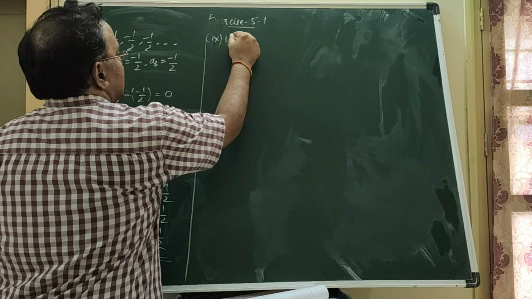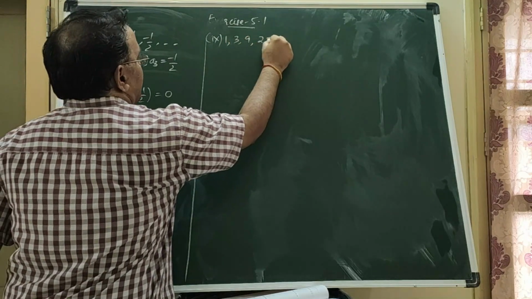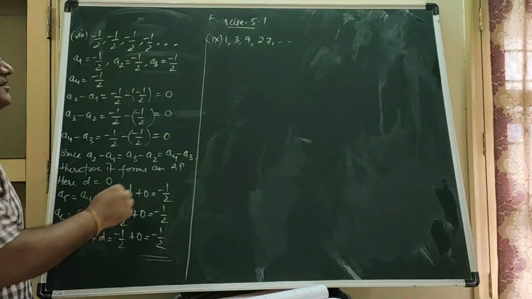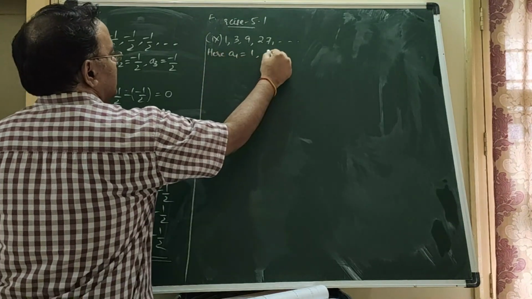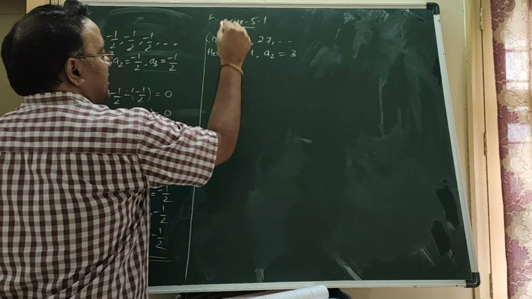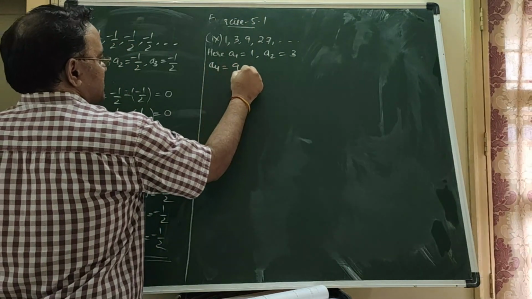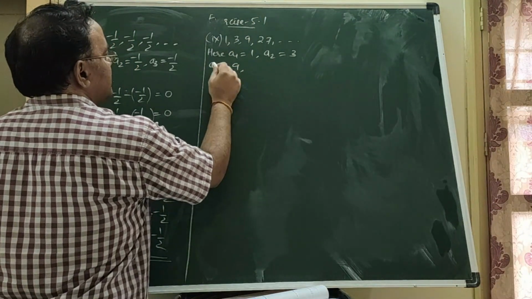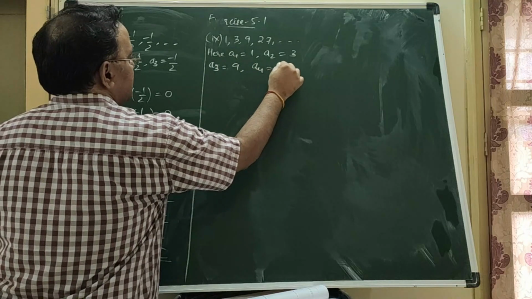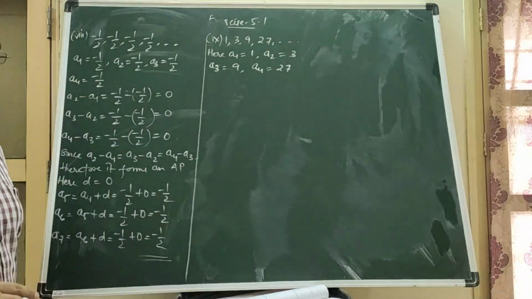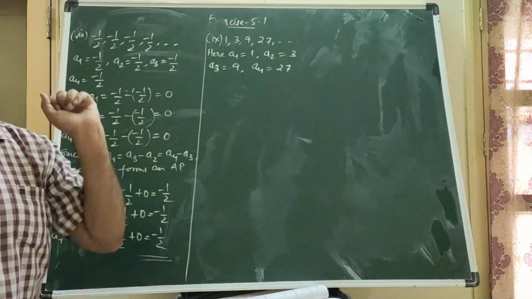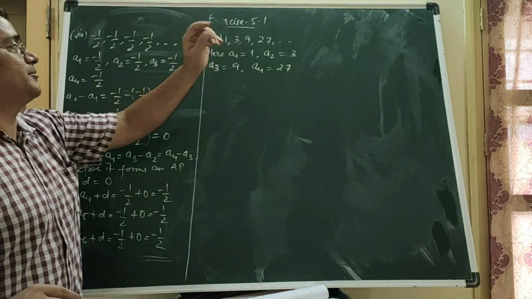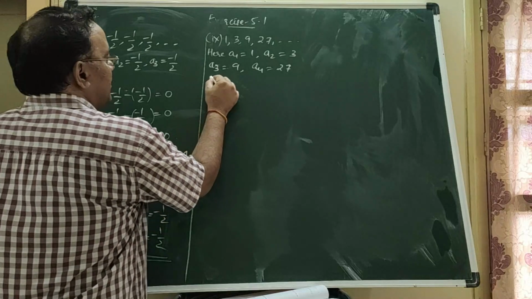1, 3, 9, 27, and so on. So what is the first term here? A1 is equal to 1, A2 is equal to 3, A3 is equal to 9, A4 is equal to 27. So see, the differences between consecutive terms are different. We can see here it is 2, here it is 6. So how do you show it?